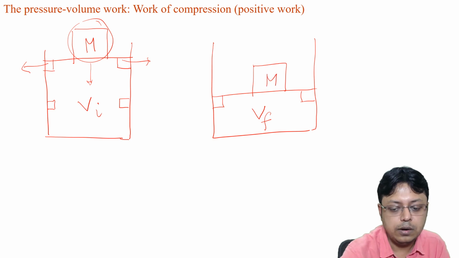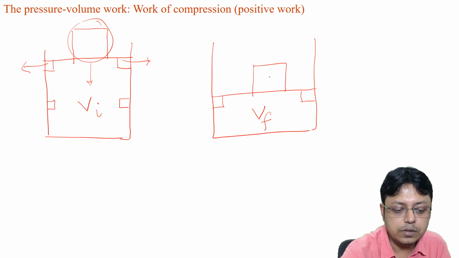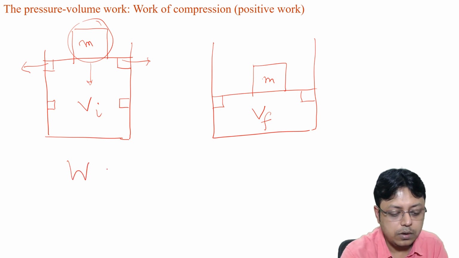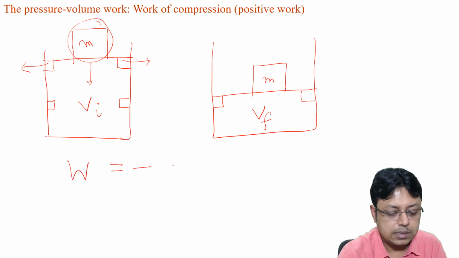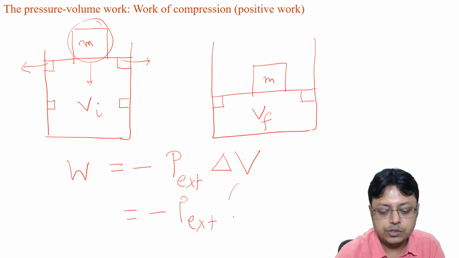And as before, let us just calculate. I was using small m notation for the mass. As before, the work done will be minus P external into delta V. Now in this case, what is delta V? Delta V is the change in volume, which is V final minus V initial.